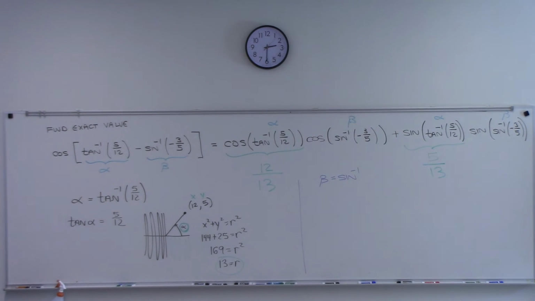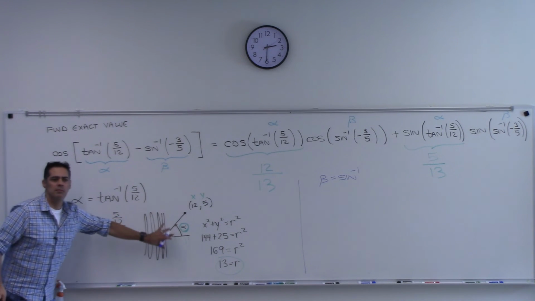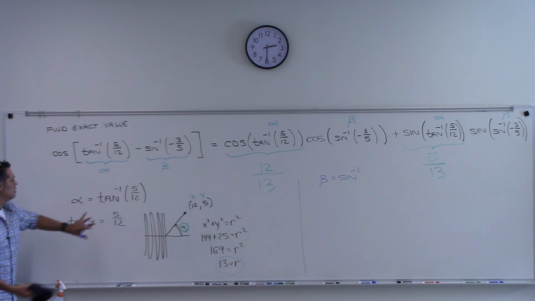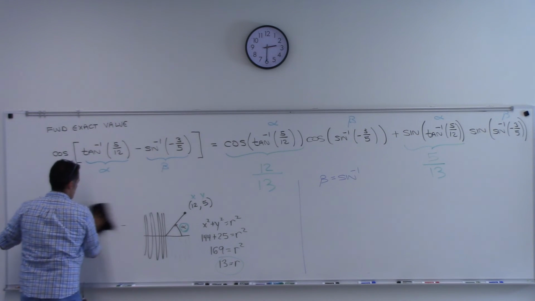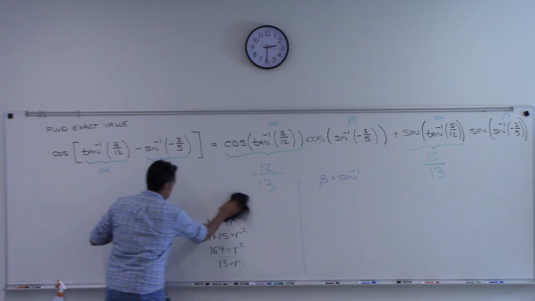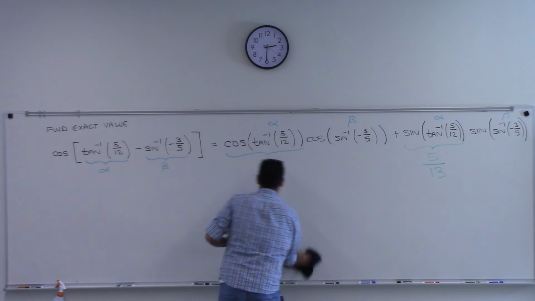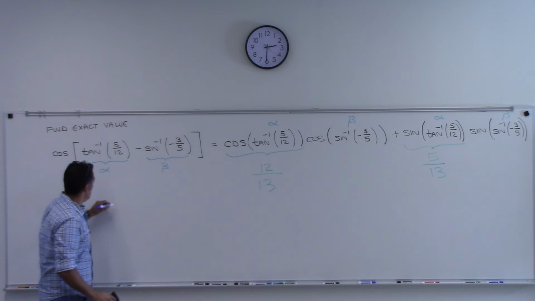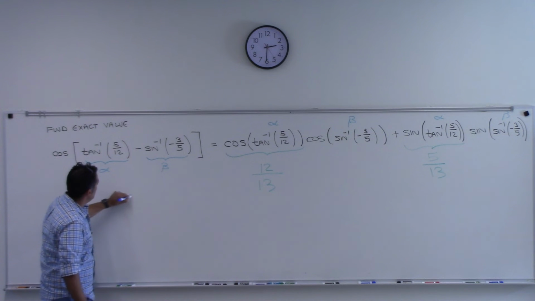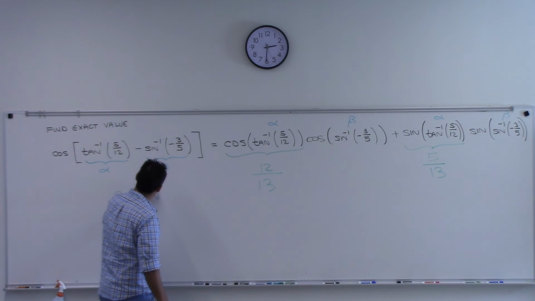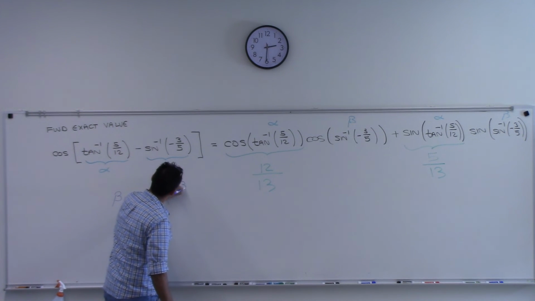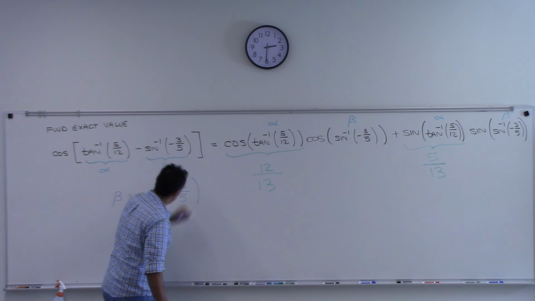Can I erase this yet or no? Can I get rid of this? Yeah? All right, so now I'm going to work on beta. I know that beta is the angle that I get when I take inverse sine of negative 3 over 5, right?